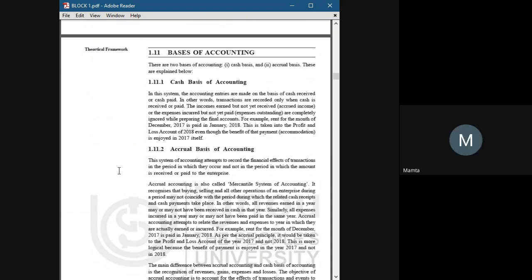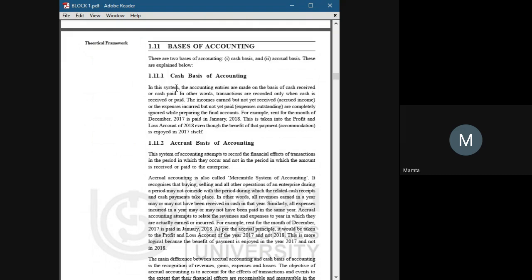Okay. Moving to the next point, basis of accounting: cash basis or accrual basis of accounting. We have two bases of accounting. Some people do accounting on a cash basis. They only record the transactions which involve cash.